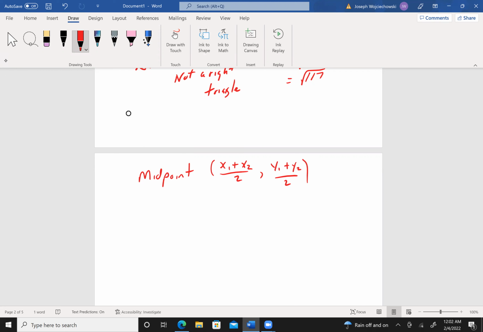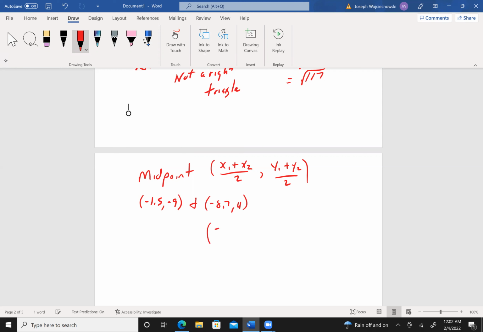All there is to it. So, midpoint. Pick a couple points. The book says negative 1.5, negative 9, and negative 8.7, 4. So, plug our values in.